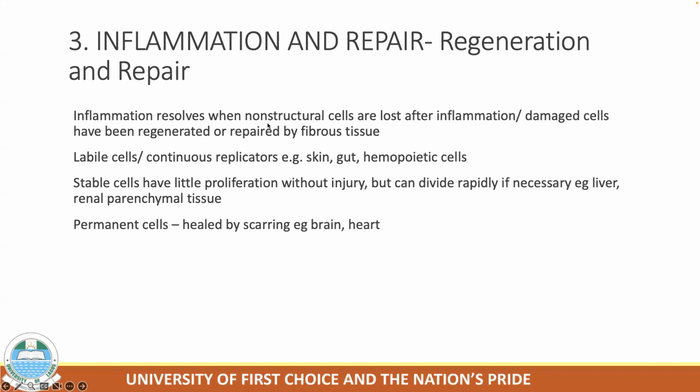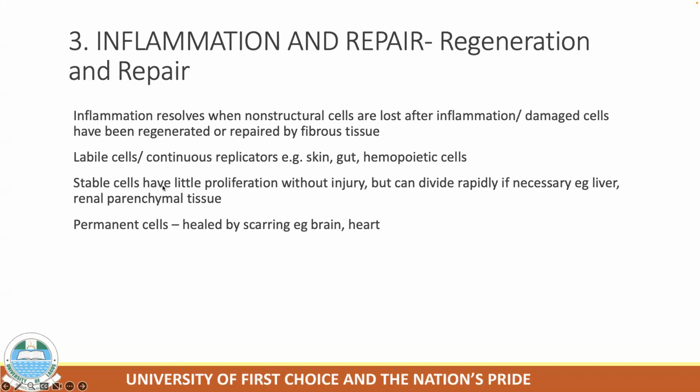Now, inflammation resolves when the non-structural cells are lost after inflammation, or damaged cells have been regenerated or repaired by fibrous tissue. Labile cells, or continuous replicators, are the type of cells that you have, and the kind of healing that you usually have follows from that. Labile cells and continuous replicators include the skin, gut, and hematopoietic cells.